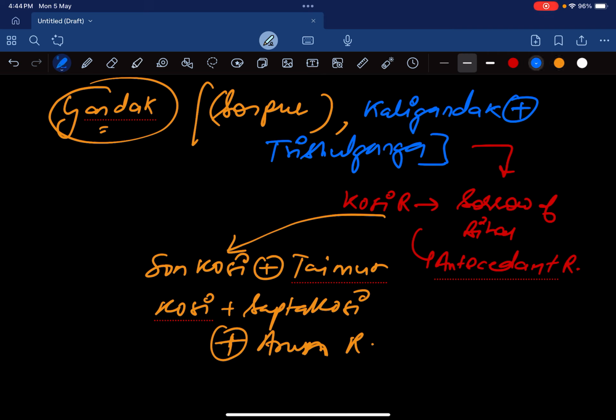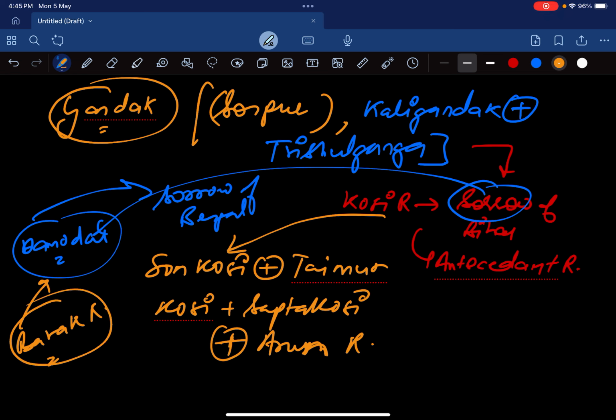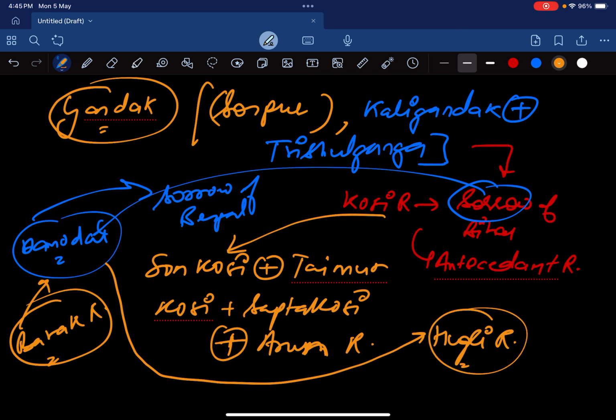Regarding the sorrow, if you talk about the Damodar river, it is the sorrow of Bengal. Damodar's tributary is the Barak river, right? And Damodar in turn merges with the Hooghly river. Right?